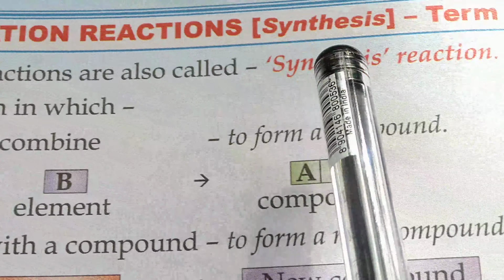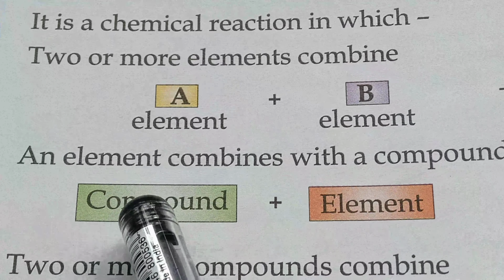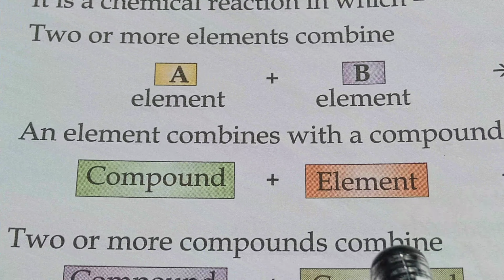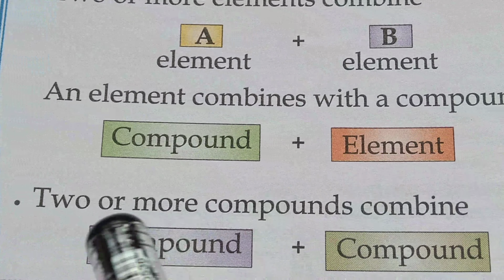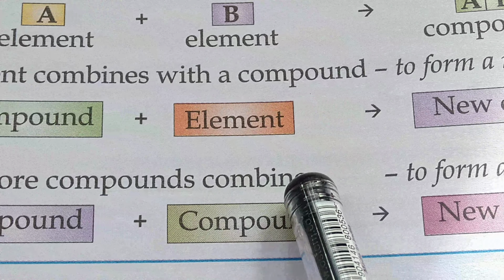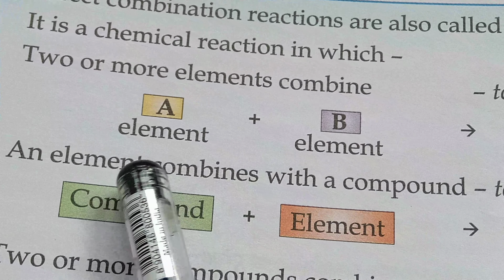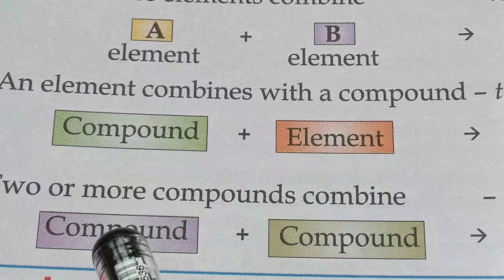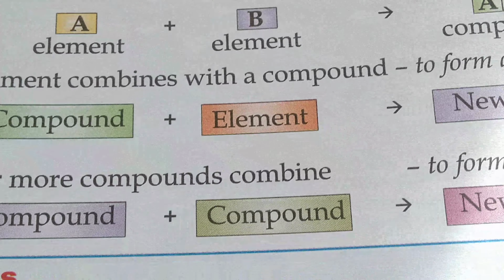That's what is also known as synthesis reaction. An element combined with a compound to form a new compound. Suppose compound plus element form a new compound. Two or more compounds combine together to form a new compound.